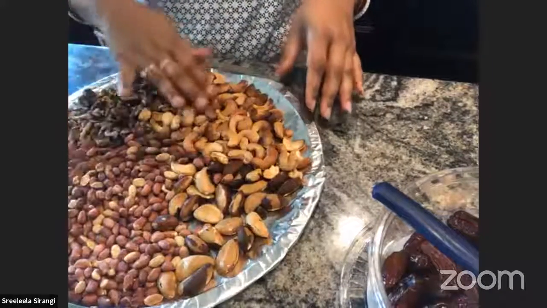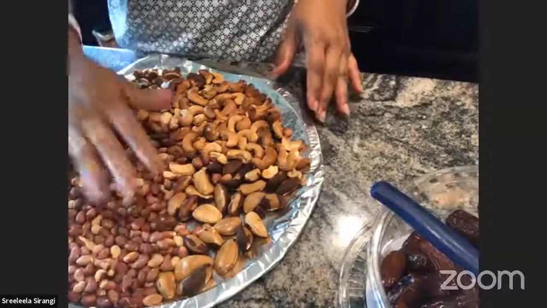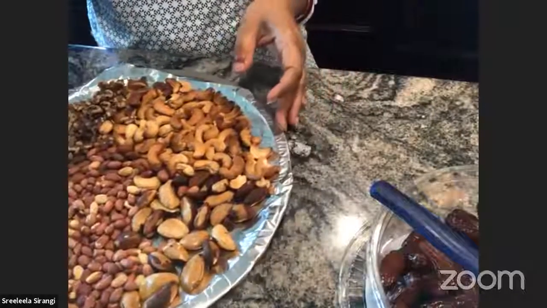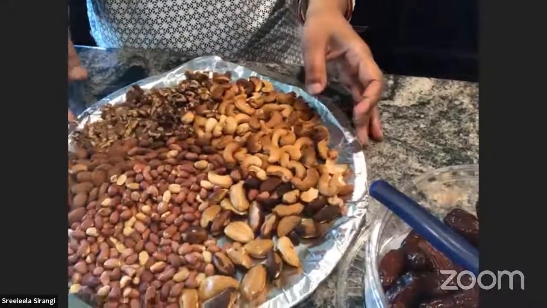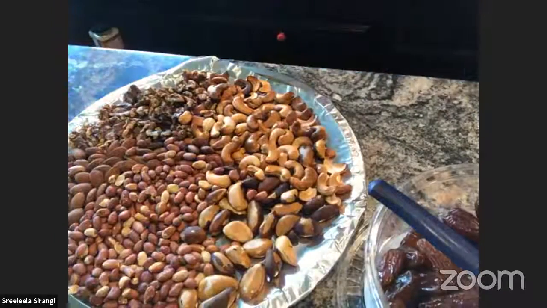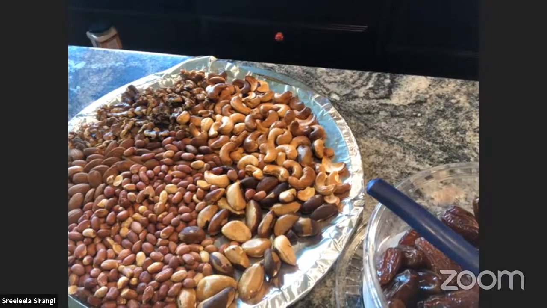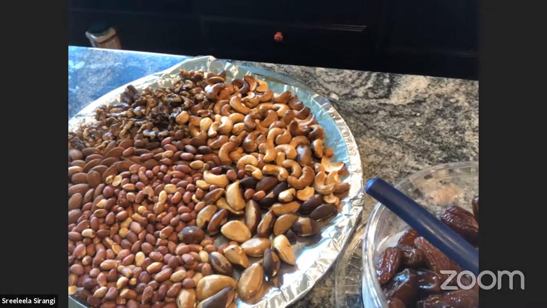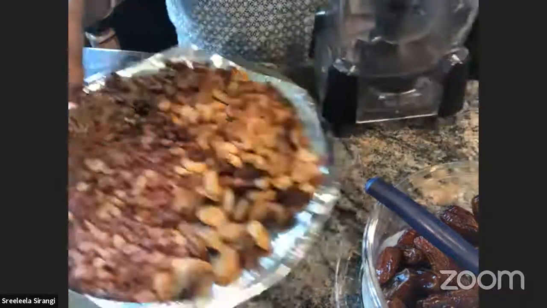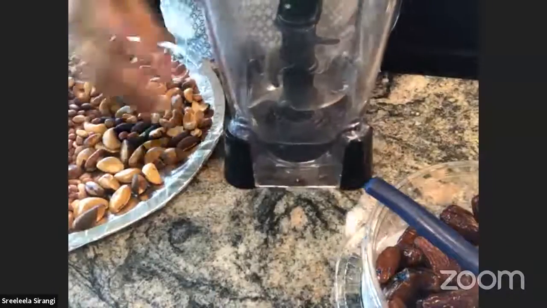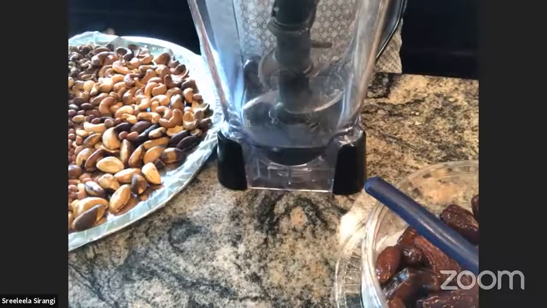I think the nuts are good enough to go in the mixie jar. I'll bring the mixie jar. I used chia seeds one time, and they went very well with this dry fruit laddu.